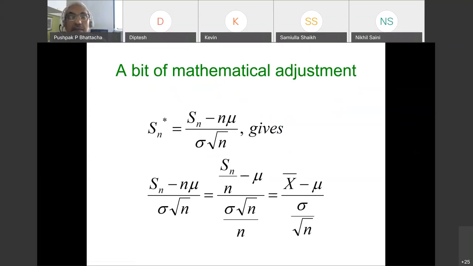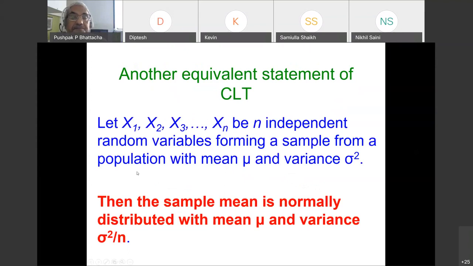This is the alternative statement of central limit theorem. What is that statement? Let x1, x2, x3 up to xn be n independent random variables forming a sample from a population with mean mu and variance sigma square. Then the sample mean is normally distributed with mean mu and variance sigma square by n. Okay, these two statements are equivalent. You apply the statement as per the problem situation.